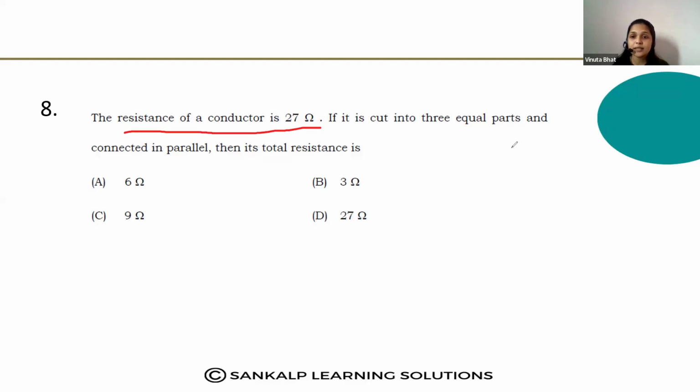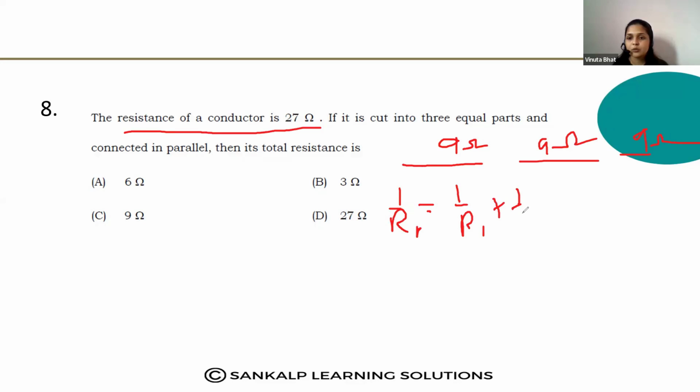When it is cut into 3 equal parts, each will become 9 ohm, right? Then when these three are connected in parallel, what is the total resistance? What is the formula for the total resistance? 1 by Rp is equal to 1 by R1 plus 1 by R2 plus 1 by R3 is the formula.